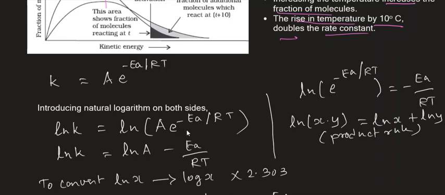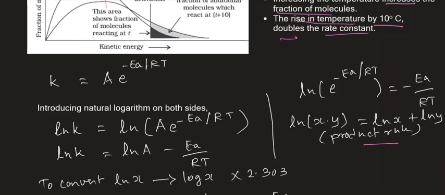And we know very well that when we introduce a logarithm to the exponential term, these two cancel, being inverse functions. Log and exponent are inverse functions, so they cancel and we get minus Ea by RT, plus ln A. So we have split according to the product rule.